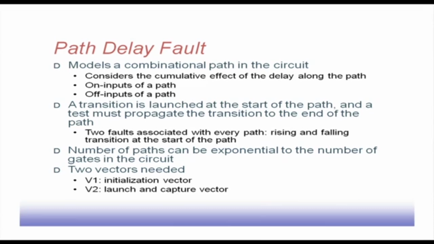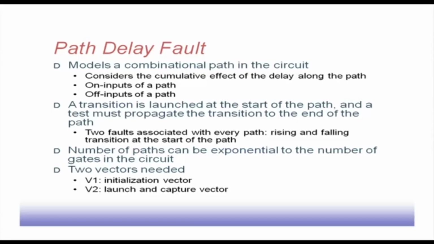Okay. So, first we will look into the path delay fault. The path delay fault models a combinational path in the circuit, and considers the cumulative effect of delay along the path. So, what is the total delay? If there is a transition at the input of the path, how much time does that transition take to propagate to the output?